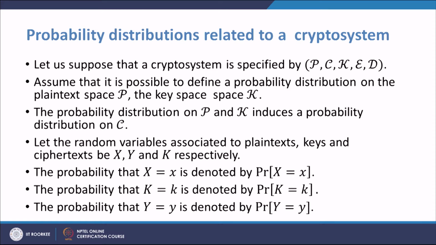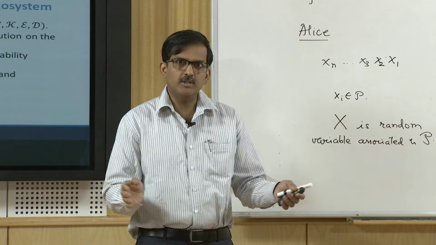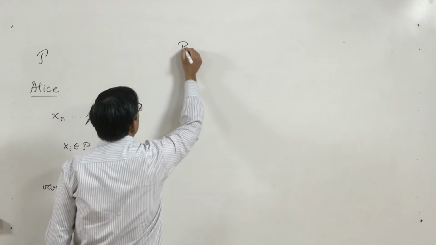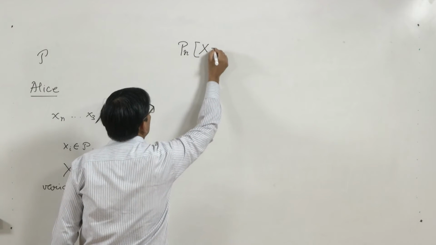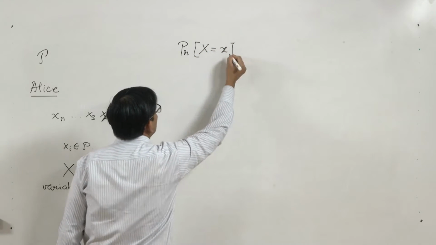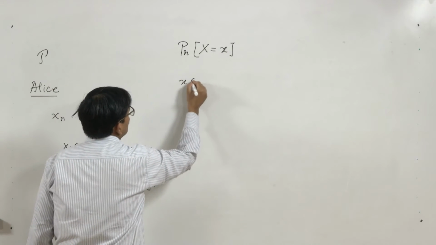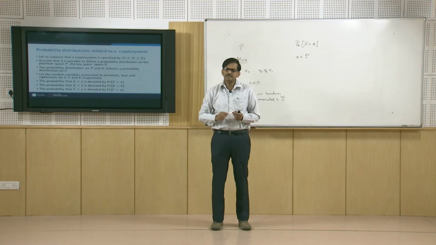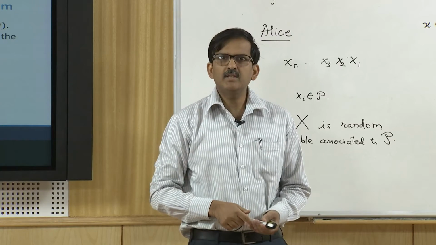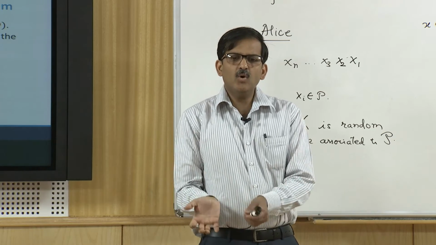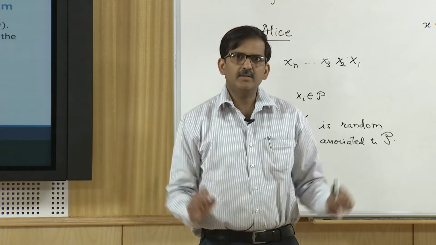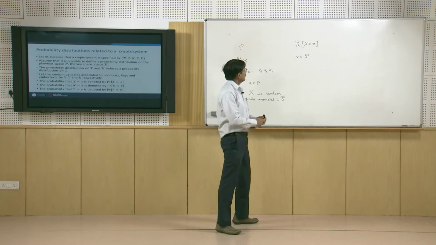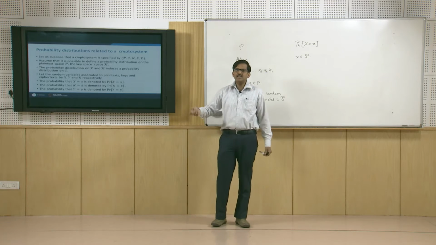With the random variable there is of course a probability distribution, so we can talk about the probability that the random variable capital X takes the particular value small x, where small x is inside P. This probability will typically depend on the language that Alice is using and the encoding of that language to the plain text symbol strings.